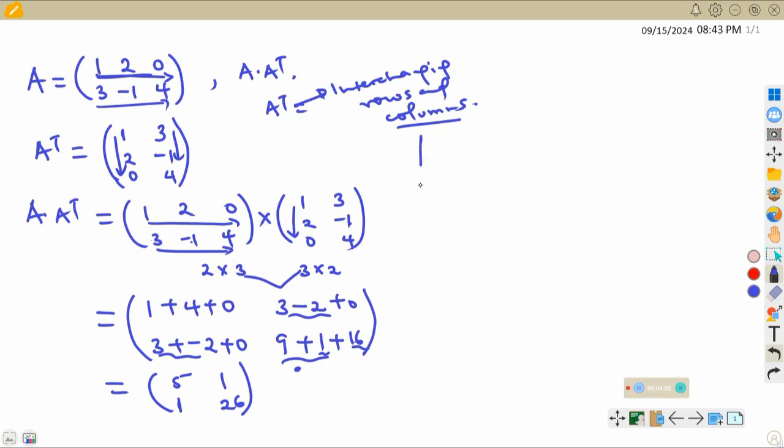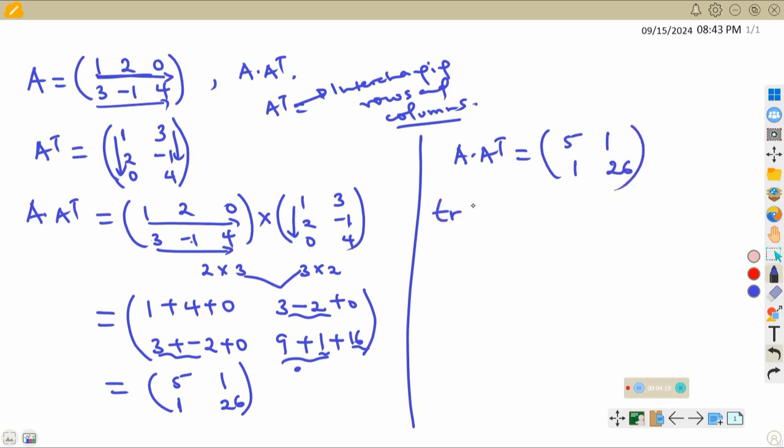So clearly, what have we obtained? We have obtained A times A transpose to be the same as 5, 1, 1, 26. So what will be the trace of A times A transpose? The trace will be the same as simply looking at the main diagonal there, then you add.